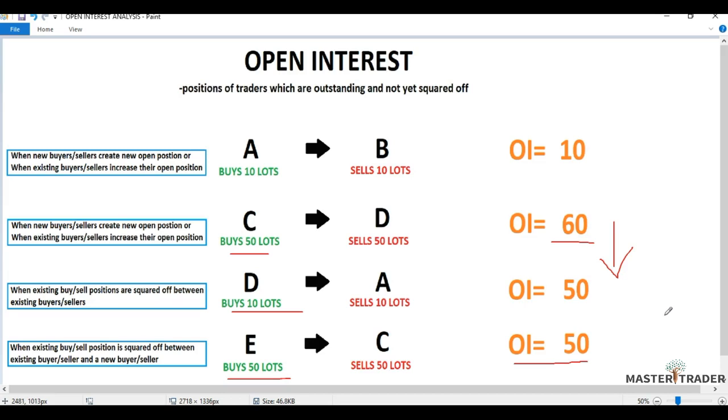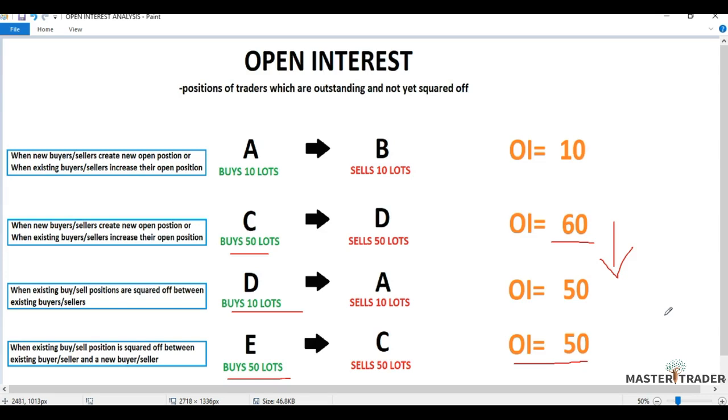If this sounds a bit confusing, guys, go back and watch this again and try to understand this table. It's very self-explanatory, and it's not that complicated once you get it. One thing to keep in mind about open interest is that it is used only in the derivatives market, meaning in futures and options.